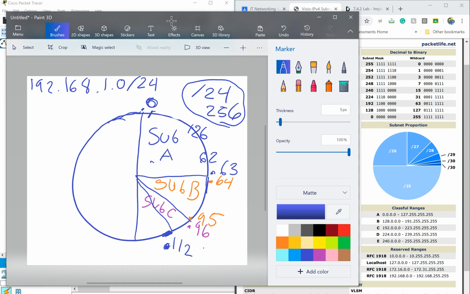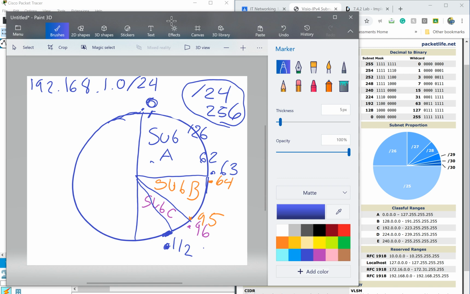So we'll do that. And remember, we start from .0, and the reason it's a total of 64 addresses but only 62 usable is because we start from .0, which is a non-usable one, and .63, which is the end of the subnet. That's 64 total. From 0 to 63 is 64 numbers. All right.